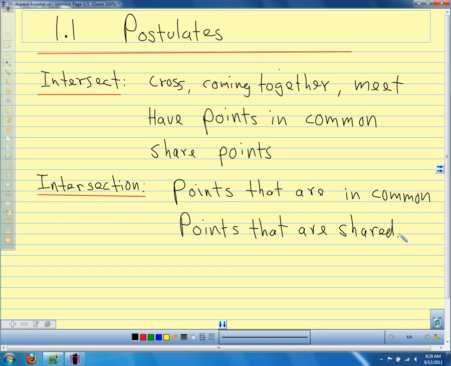So if we think of the intersection in the road, the parts that the two roads share is all the parts in the middle of the intersection. So it's really the same idea. An intersection is the points that the two things that come together have in common. And what we're going to talk about today are different kinds of intersections.